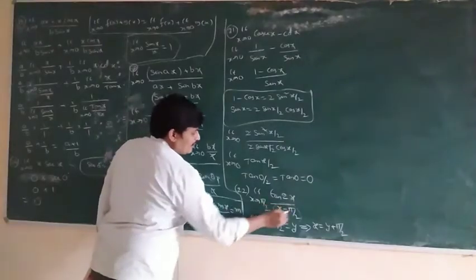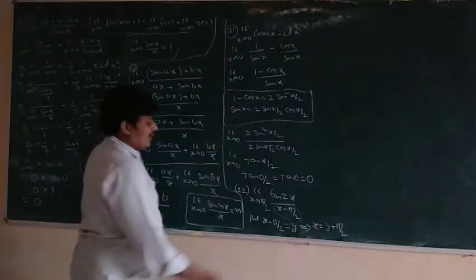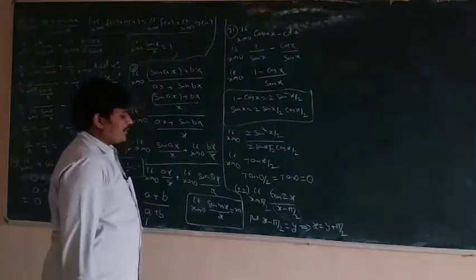Put x minus pi by 2 is equal to y, which is the denominator. That implies x is equal to y plus pi by 2.